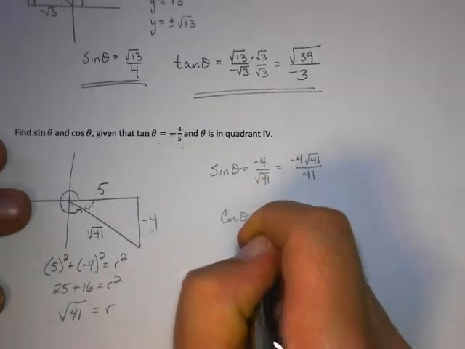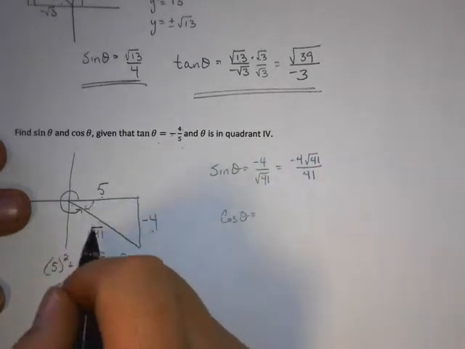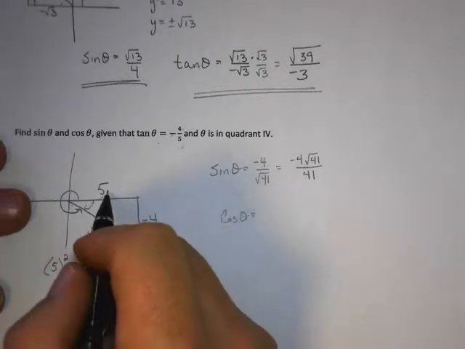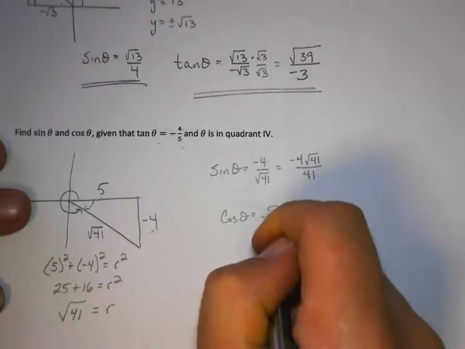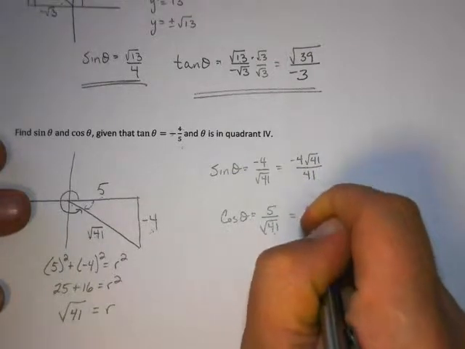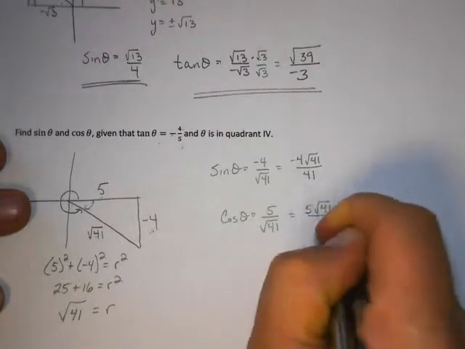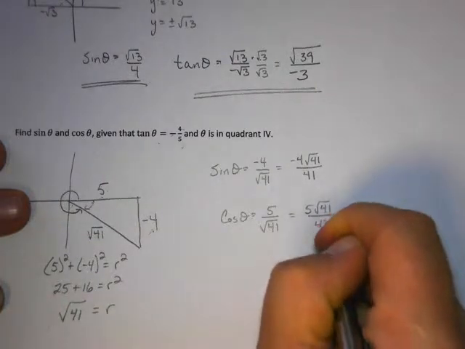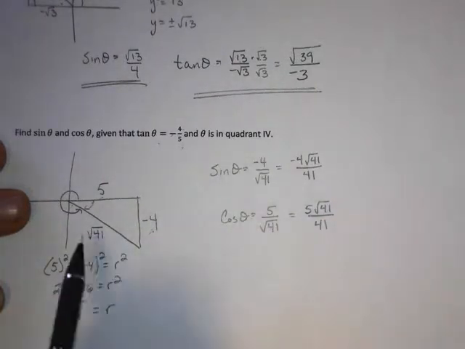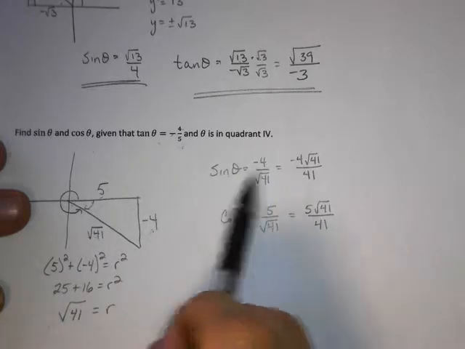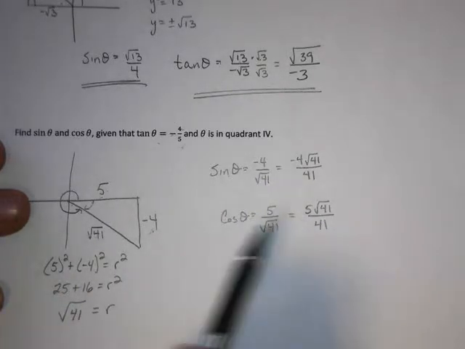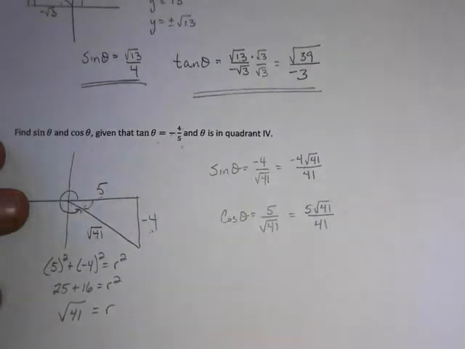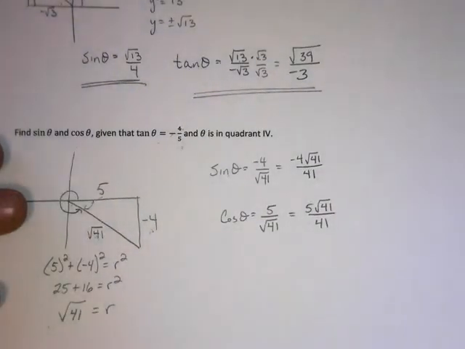Cosine theta equals x over r, or adjacent over hypotenuse, 5 over the square root of 41, which equals 5 square roots of 41 over 41. But again, take the time to check. In the fourth quadrant, sine is negative and cosine is positive. So take the time to check your signs as you go through.